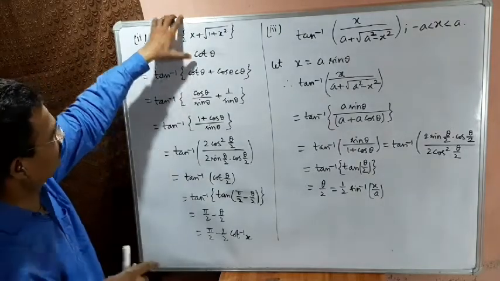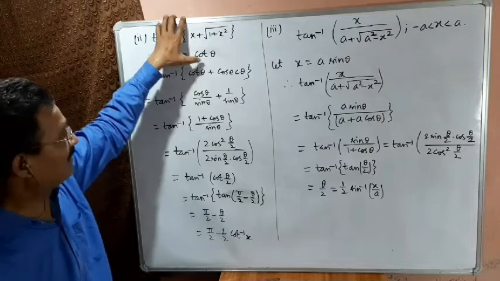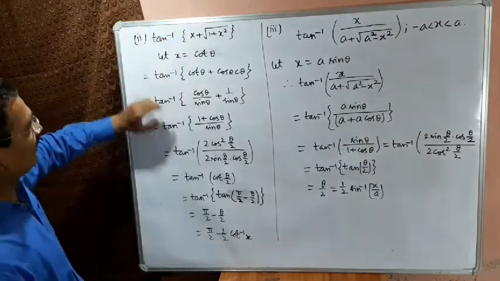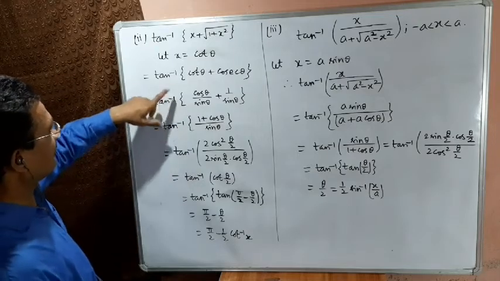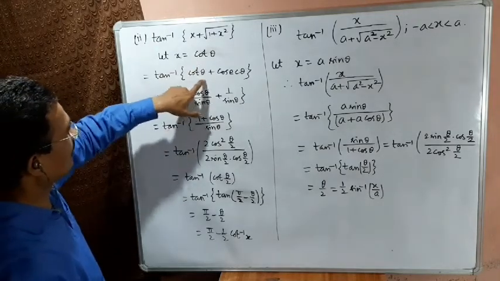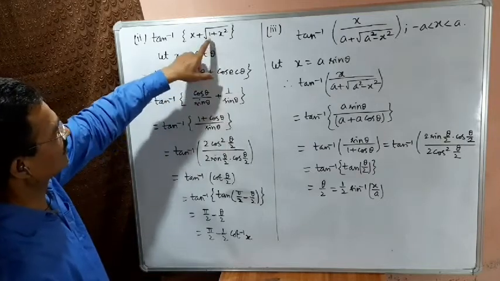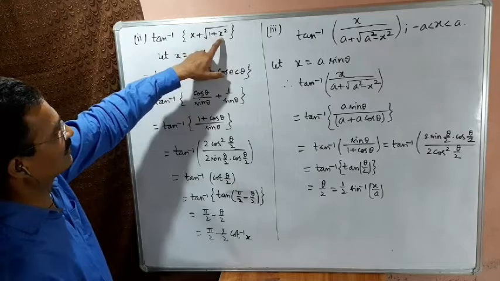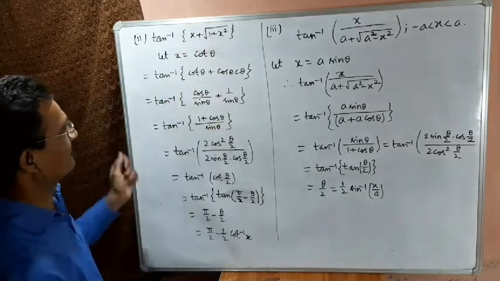I will discuss later what would happen if I had taken x equals tan theta. With x equals cot theta, the given expression becomes tan inverse of cot theta plus cosec theta. Directly I have written cosec theta, you understood? 1 plus cot square theta is cosec square theta, and therefore square root of this will be cosec theta.